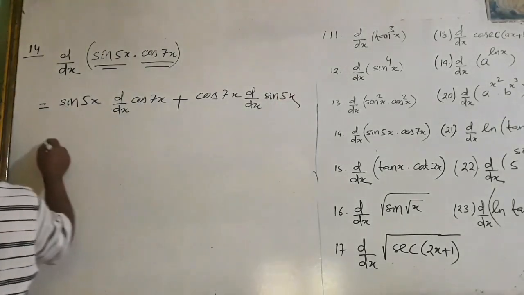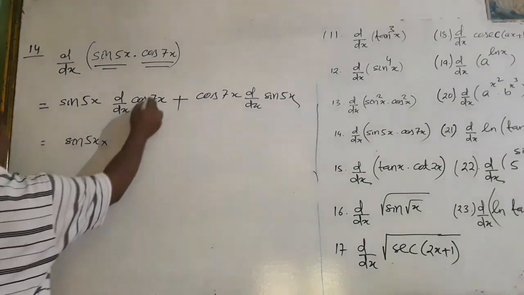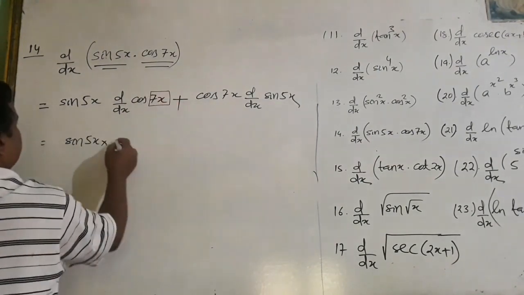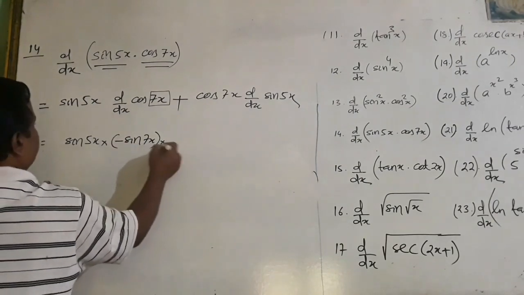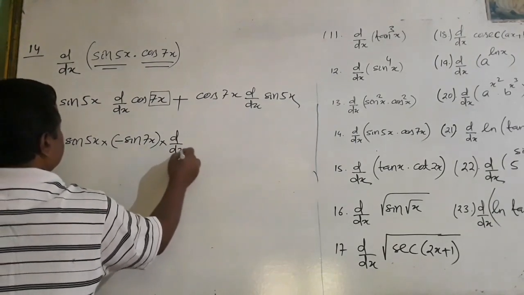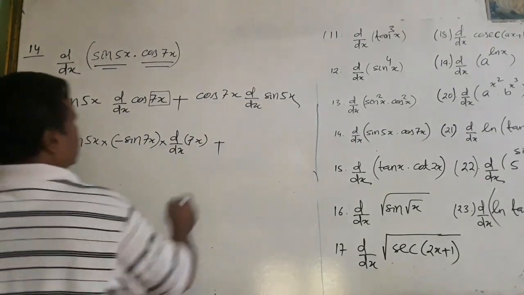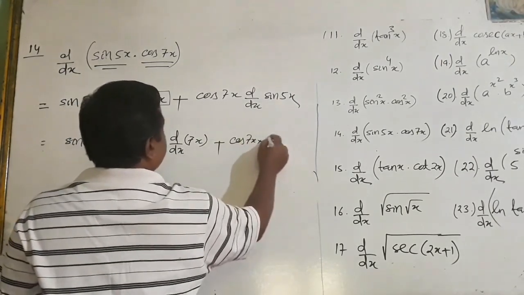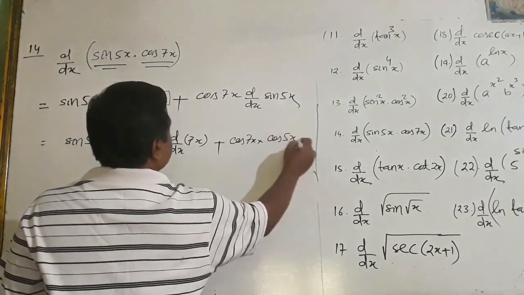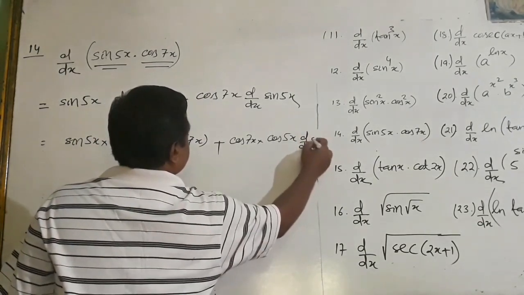So what will be the answer? The answer will be sin 5x into derivative of cos box, you know it, minus sin box into d by dx of box. Box means 7x. Plus cos 7x into d by dx of sin 5x. It is cos 5x into d by dx of 5x.